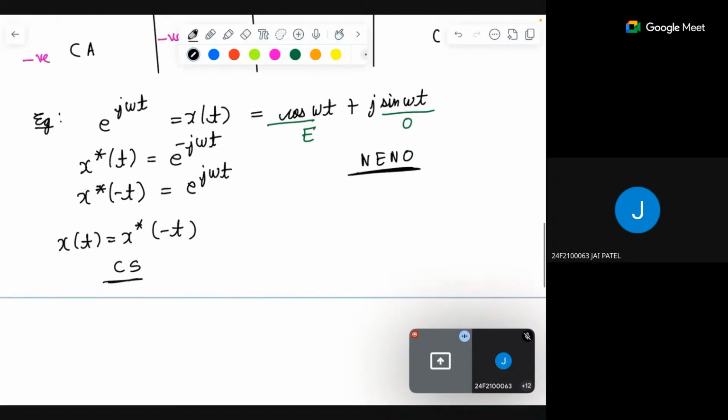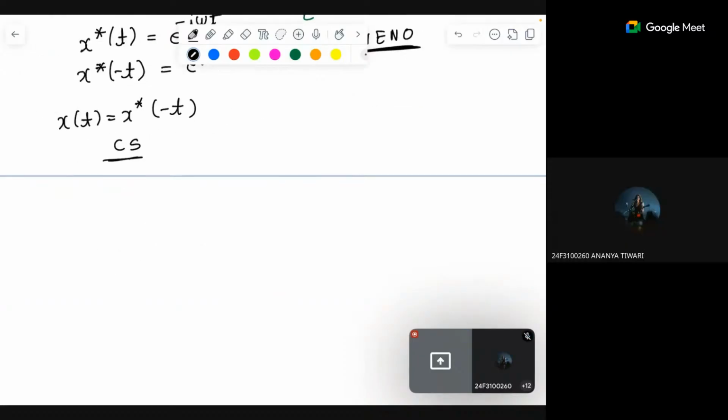Now let us take a few more examples. These are from the lectures only. When we have cos omega t, we just discussed that it is an even signal. Is it conjugate symmetric or conjugate asymmetric? Conjugate symmetric. Yes.